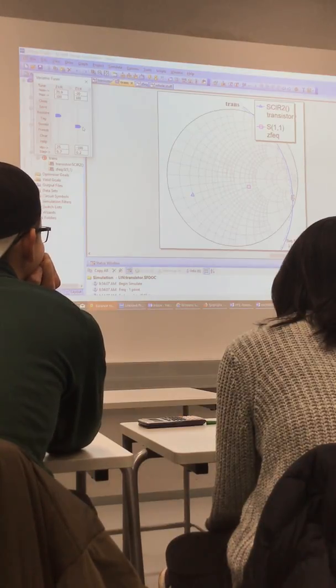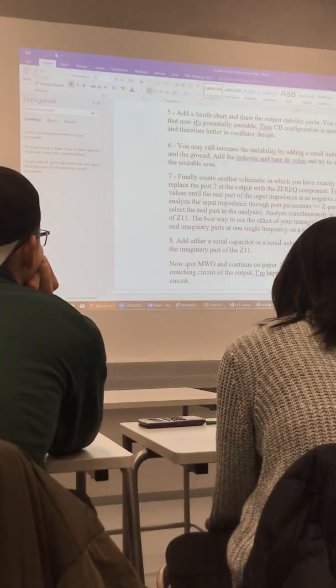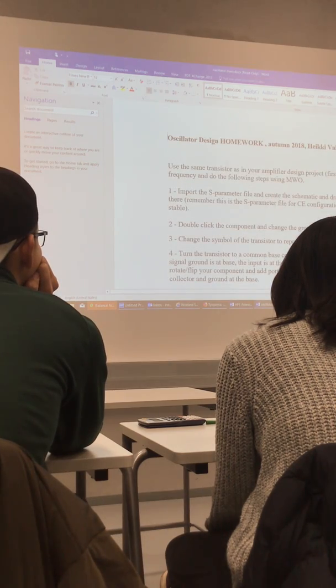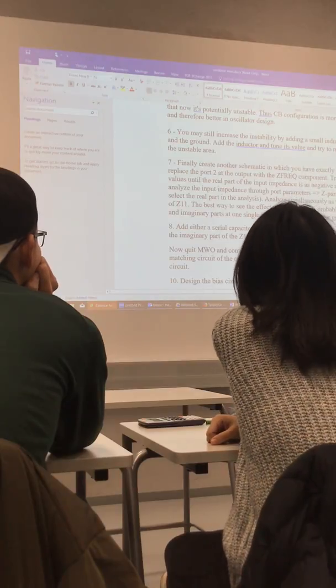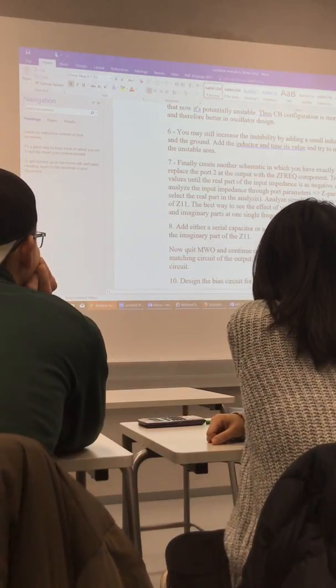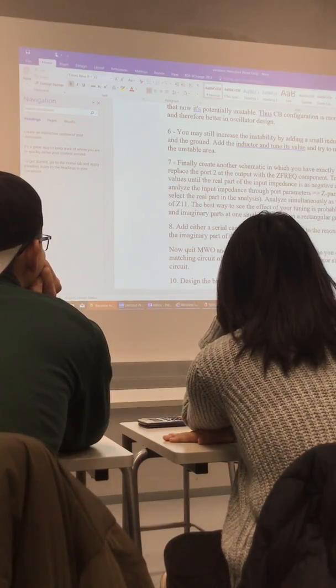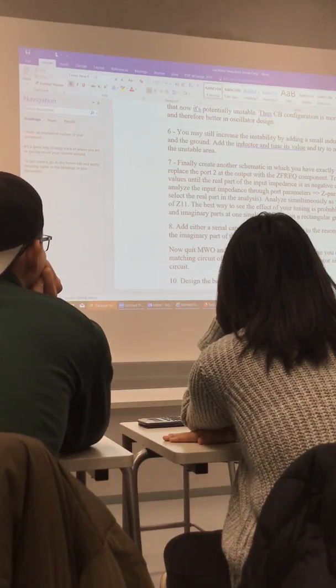What I do next is, I think I'll have to explain this more carefully. Try to tune the Z-FREC values until the real part of the input impedance is as negative as possible.